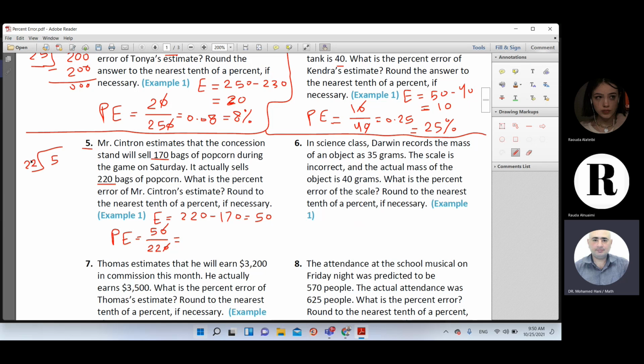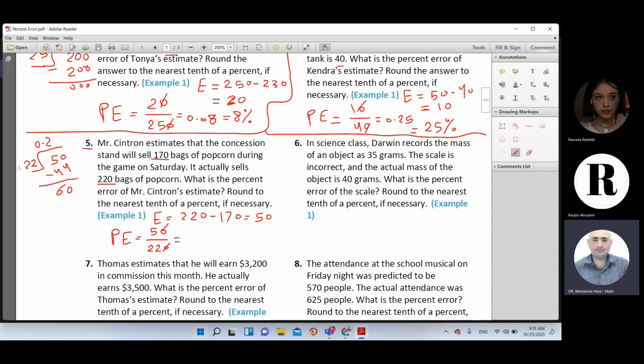5 is less than 22, so we can put here 0 point and put here 0. Then we can do 50 divided by 22 will be 2. 2 times 22 will be 44. 50 minus 44 will be 6. Then we can continue, put here 0.